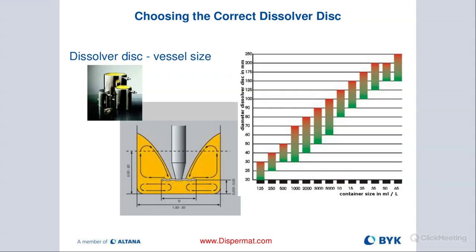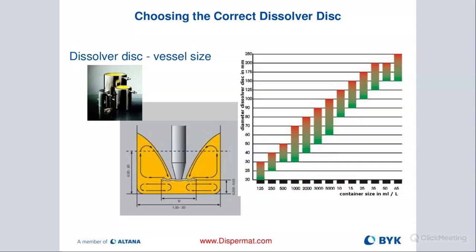Okay, so when we are starting out with a dissolver, it all comes down to picking the right container size for our volume, and then obviously we want to select the right dissolver blade ratio to our container. There is not one blade that can be used for all volumes. So we really have to look at the viscosity of our product and the product volume, and that helps us pick the right size or diameter dispersion blade.